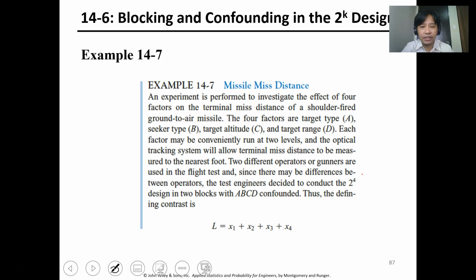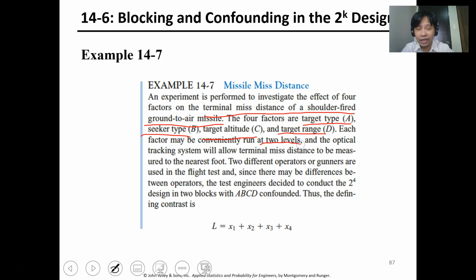An experiment is to investigate the effect of 4 factors. The 4 factors are the target type, seeker type, target altitude, and target range. And our response is the terminal missile distance of a shoulder-fired ground-to-air missile. Each factor may conveniently be run at 2 levels.